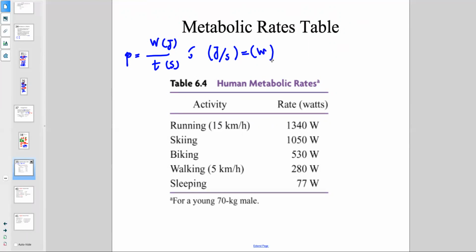The rate at which a young 70 kilogram male is burning energy is 1,340 watts, or 1,340 joules per second. Sometimes we show it in kilowatts, and we say 1.34 kilowatt, or 1.34 kilojoule per second. You can see different activities as the rate at which the energy is being burned.